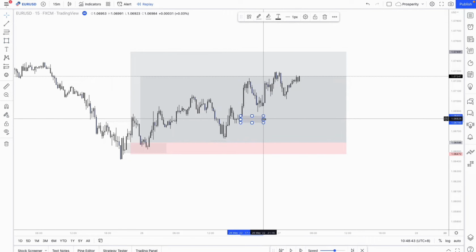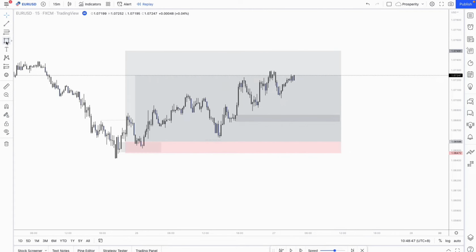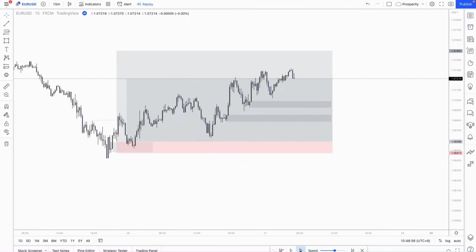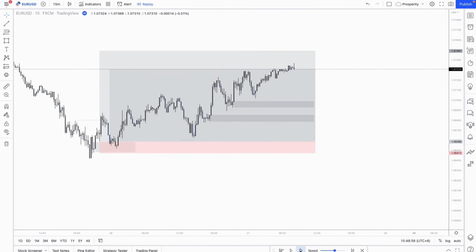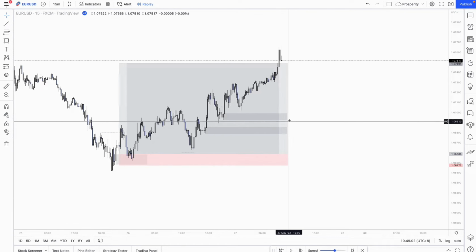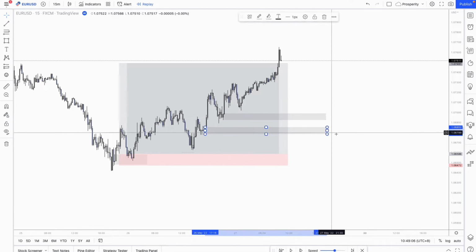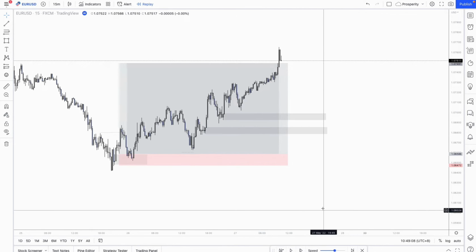here we have levels of demand that are unmitigated. Here we also have levels of demand that are unmitigated. Now, neither is right or wrong. This is a game of probabilities, right? But there are two zones here that, for me, are unmitigated right now.